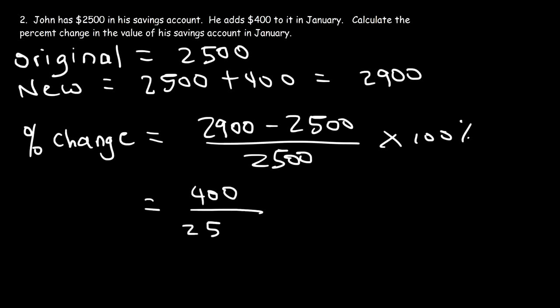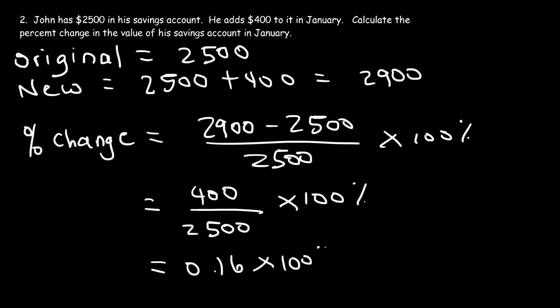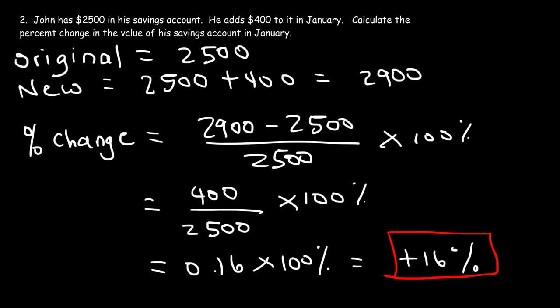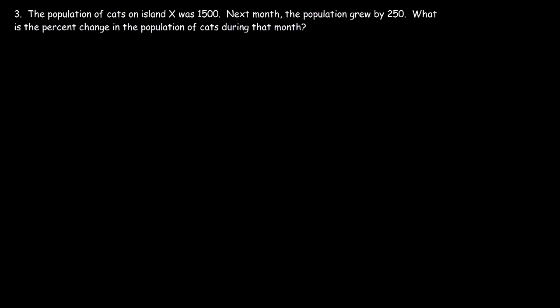And let's divide 400 by 2,500. $400 divided by 2,500 is 0.16. And if you multiply 0.16 by 100%, you'll get 16%. So this is a percent increase. So his savings account went up by 16% during that month.